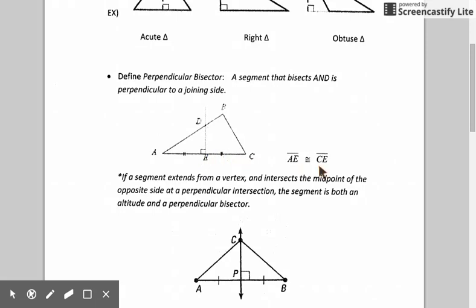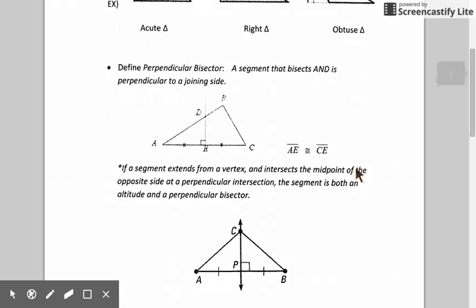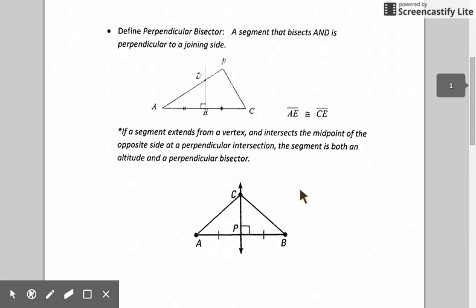It is possible, however, to be both an altitude and a perpendicular bisector, as long as the segment is coming from a vertex, intersecting the opposite side at a perpendicular intersection or 90-degree angle, and bisecting that opposite side. If it does all three of those things, we can call it both an altitude and a perpendicular bisector.